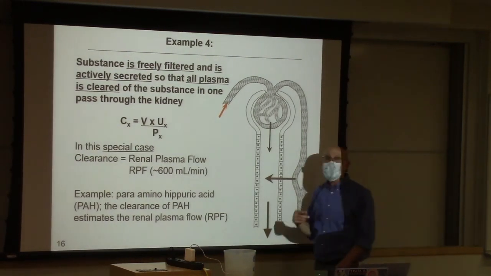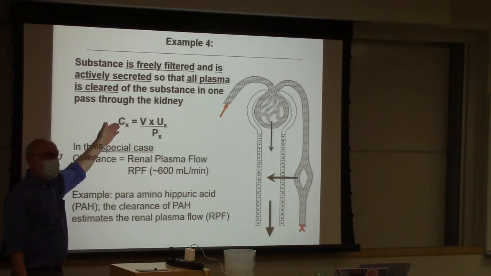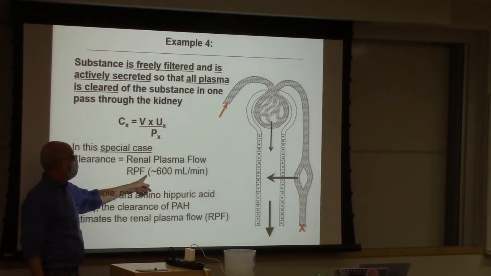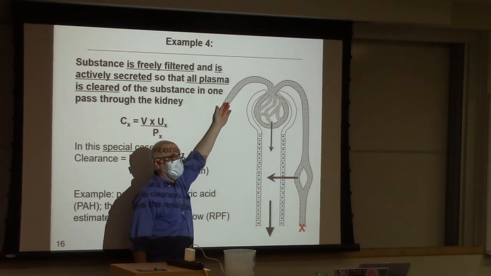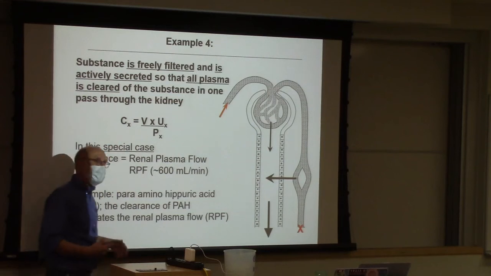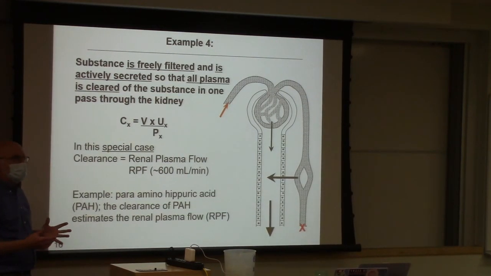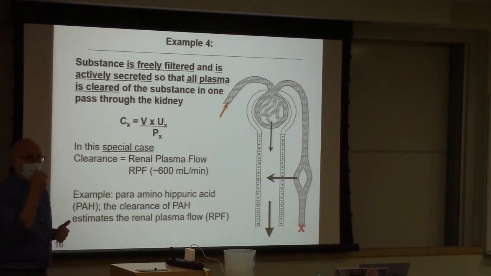If you work through the arithmetic, you'll find that the clearance of this substance gives you a flow rate that is equal to the amount of plasma that's flowing into the kidneys. Okay? So this is a special case. I'm not going to spend too much time on it because it's not the most important one.